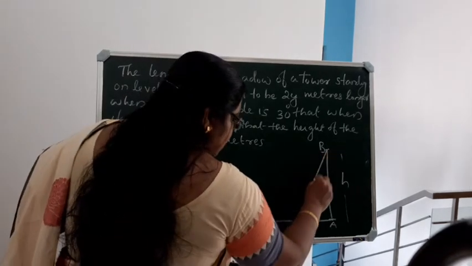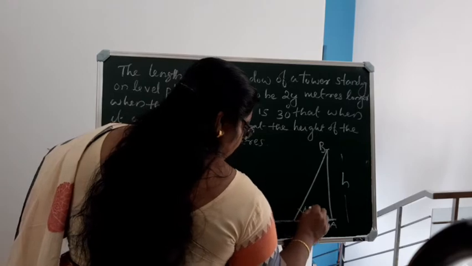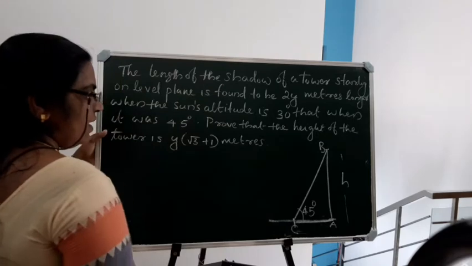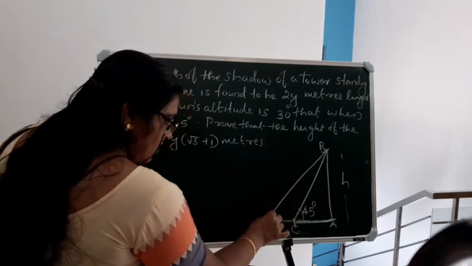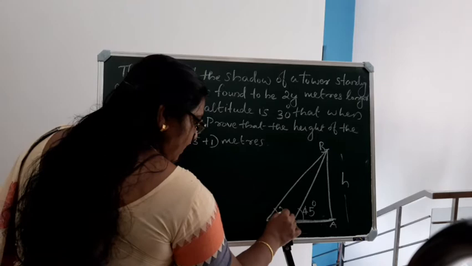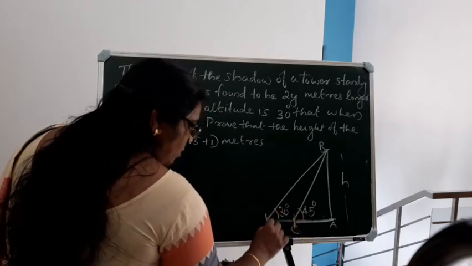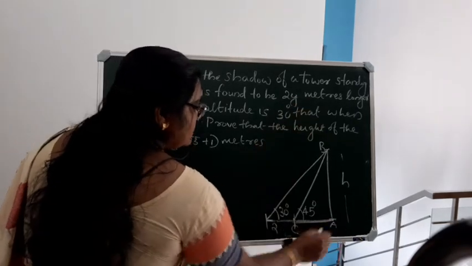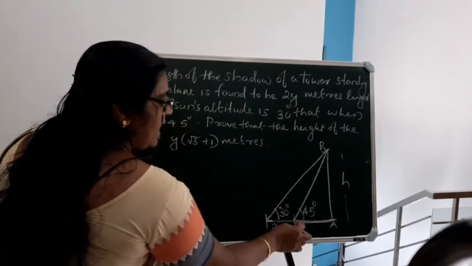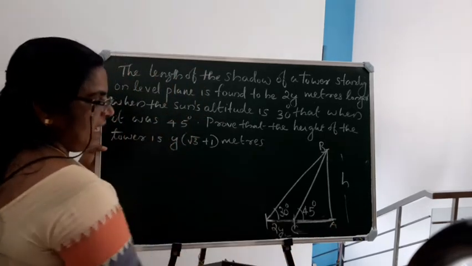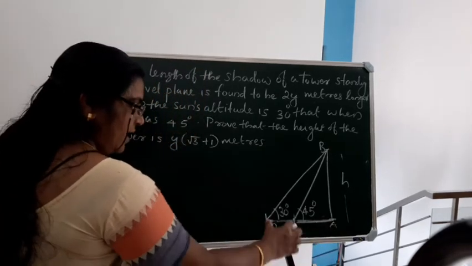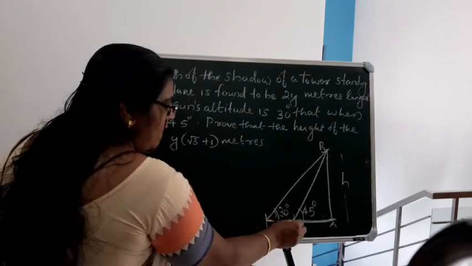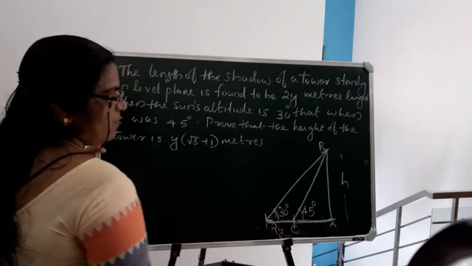First, when the sun's altitude was 45 degrees, the length of shadow is AC. When the sun's altitude changed from 45 to 30 degrees, the length of shadow increased by 2y meters.